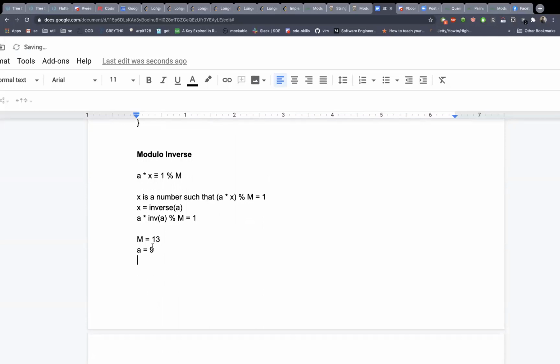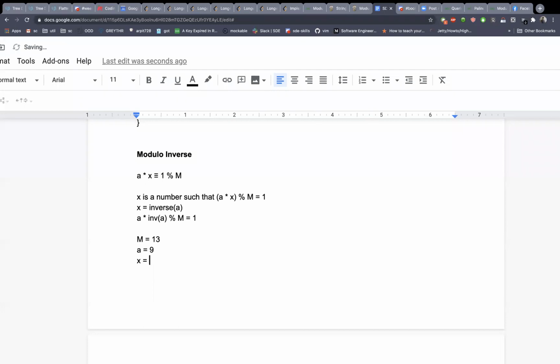Now we need to find some number which, if we multiply by 9, then its modulo with 13 should be 1. So I think the answer for this will be 7.